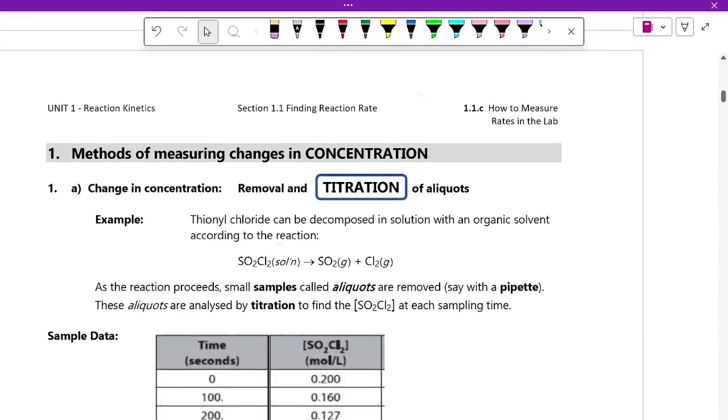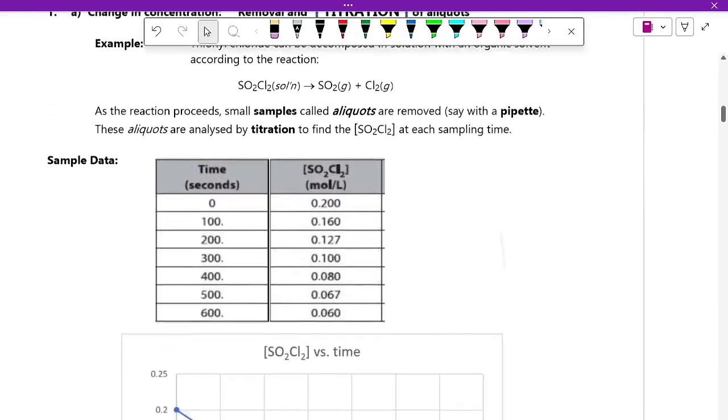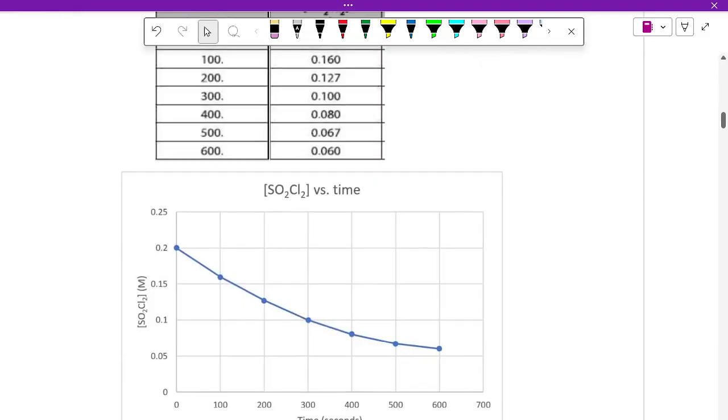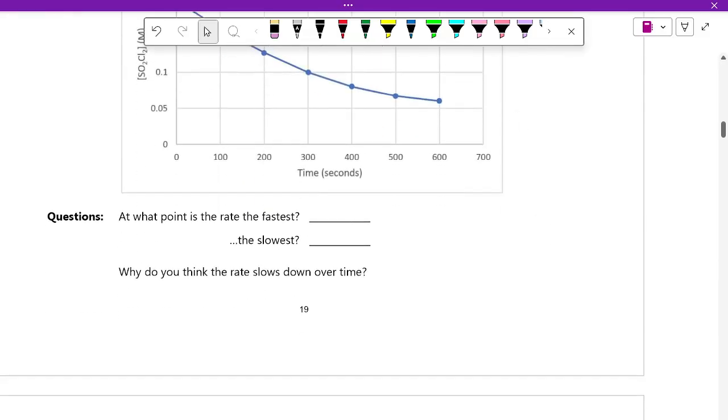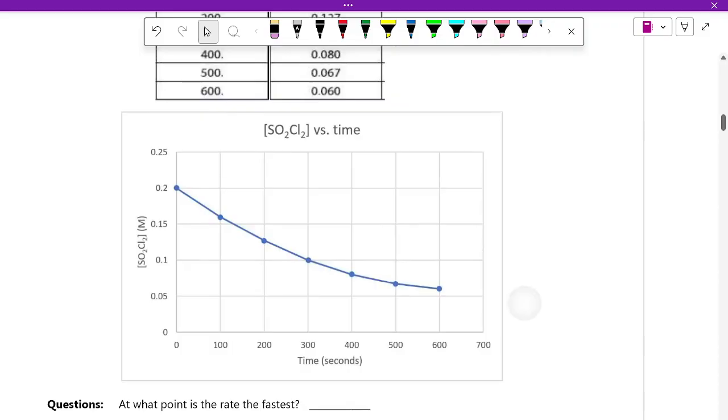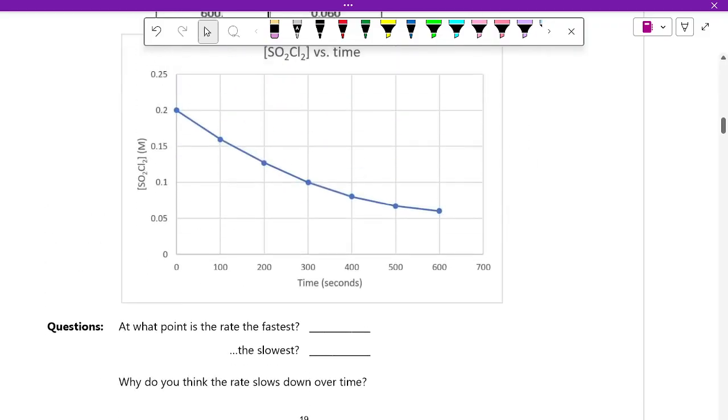I don't think we need to go through this because I feel like this is just too much. However, on page 19, I would like you to tell me where the rate is the fastest and where the rate is the slowest.